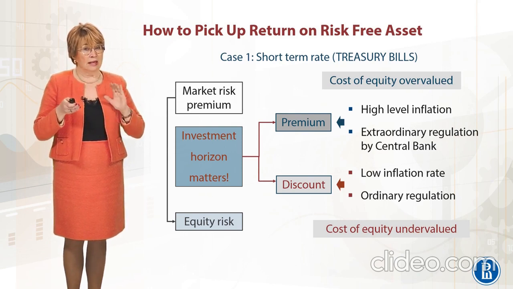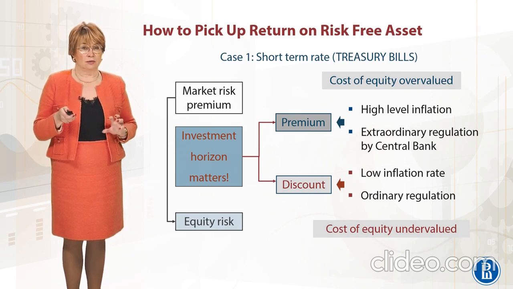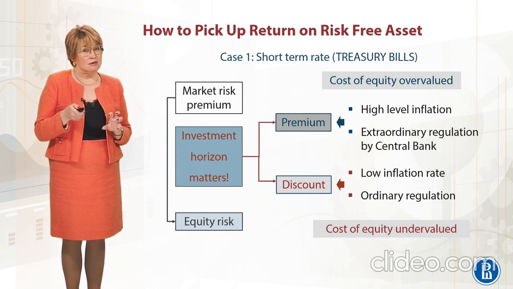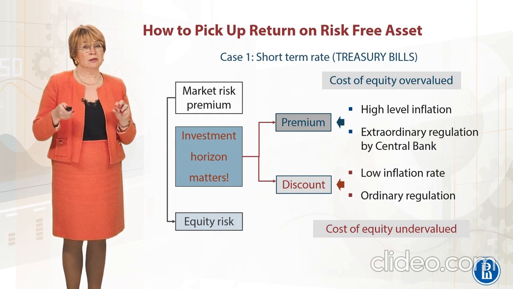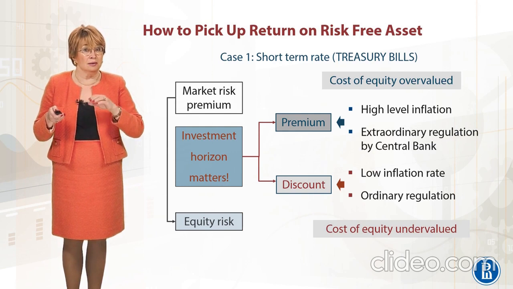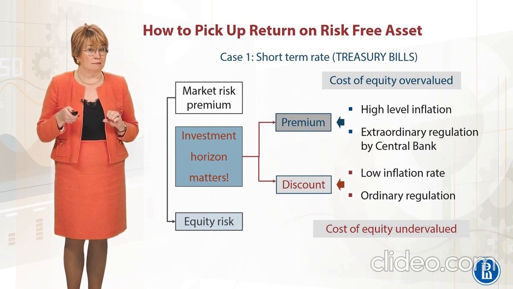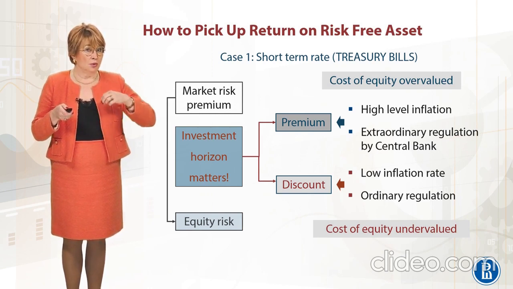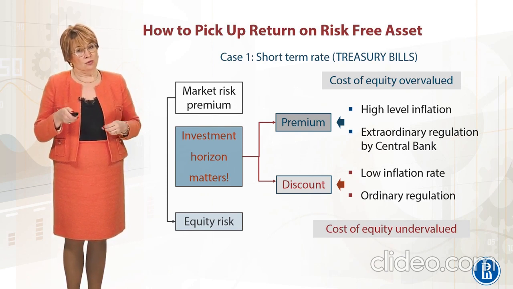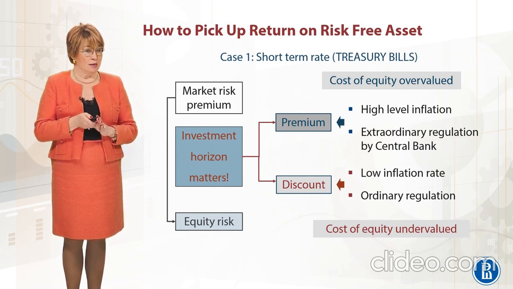The first situation, let's say, would be a period of high inflation. The inflation is really high, really sensitive to the investors, to the businesses, to the families, to the firms. And we may also observe that the central bank of that particular country should apply, and has already applied, so-called extraordinary regulation of monetary markets and of financial markets.